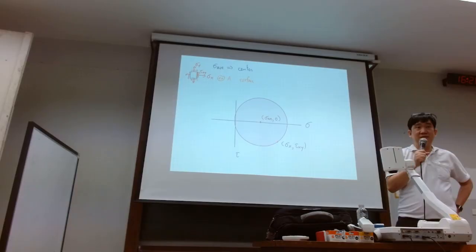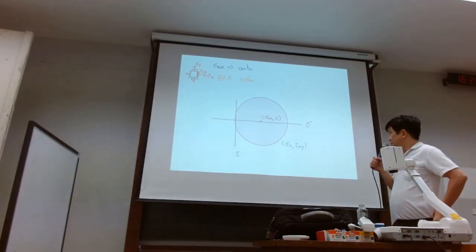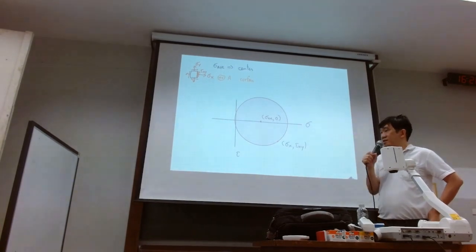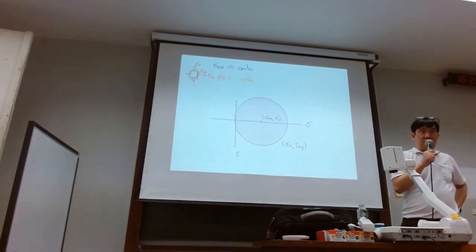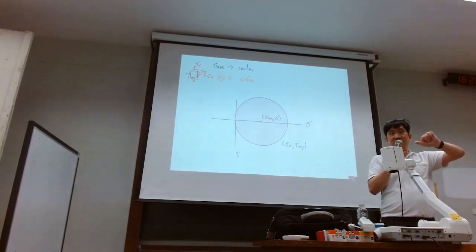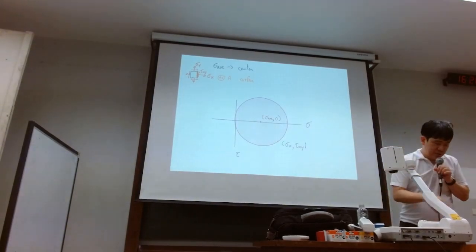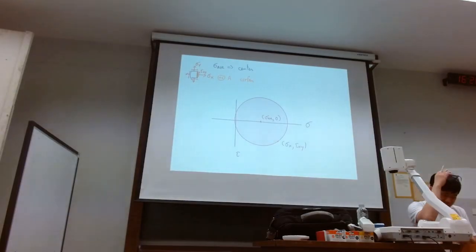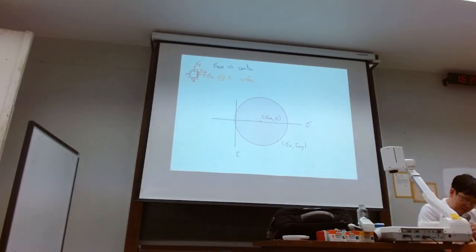Question? What did the circle indicate here? The circle itself indicates different values of the stress depending on the angle that you rotate the element. So this is the original point. It means that this line is theta equal to 0.